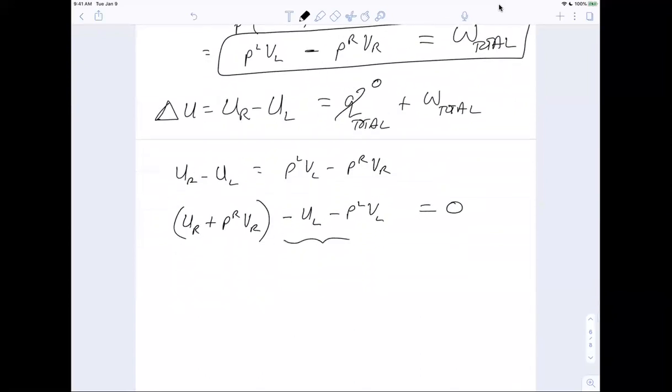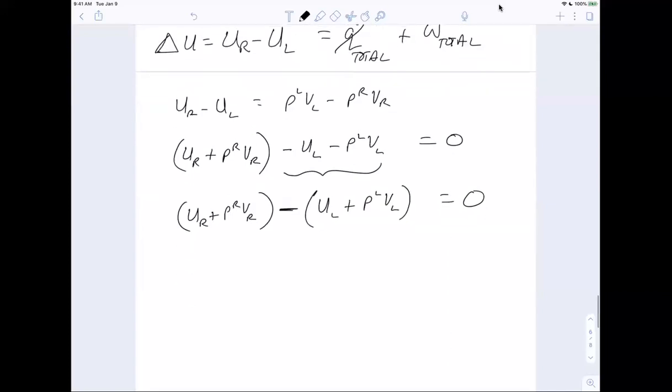And then I'm going to put this together. There's two minuses there. So I'm going to write this right term here. Then I'm going to take out the minus sign, and put in here U left plus P left V left is equal to 0. And for that second term, if you multiply through by the minus sign, you'll see that you get minus UL minus PL VL.